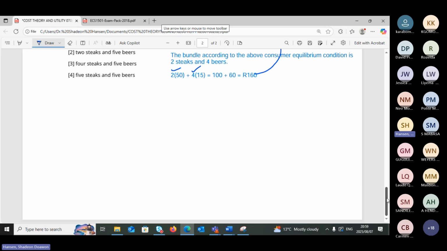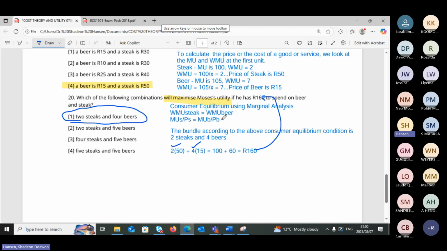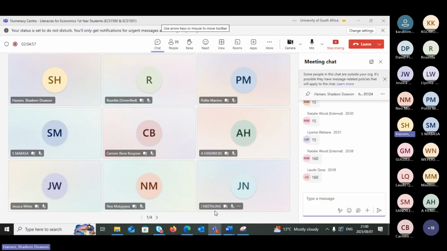But please note, out of those instances, only one is our true consumer equilibrium, because only one of those bundles will exhaust all of our income, whatever income amount they put in there. That is what you have to check for, students. All right, are we sorted with that, students?